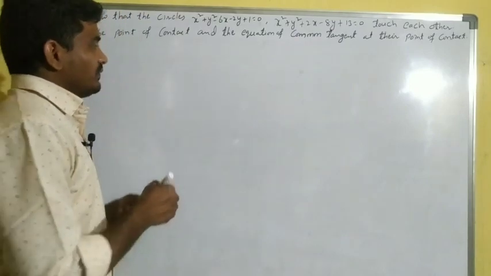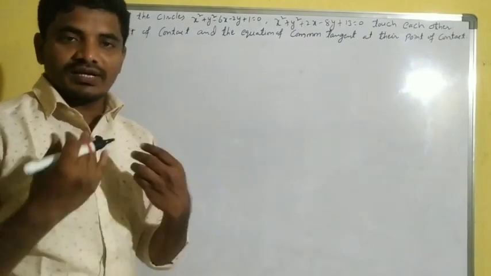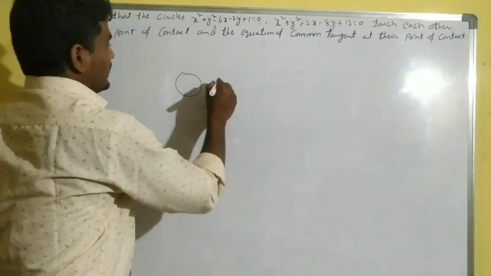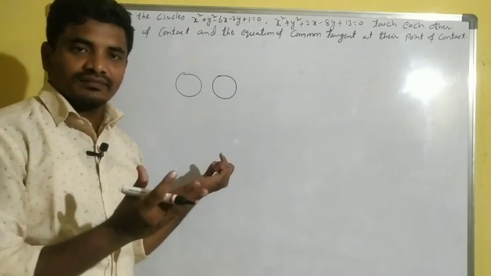So first of all, how many cases are there when you take two circles in the plane? Let us take this as the first circle and this as the second circle. In case 1, the two circles do not intersect.